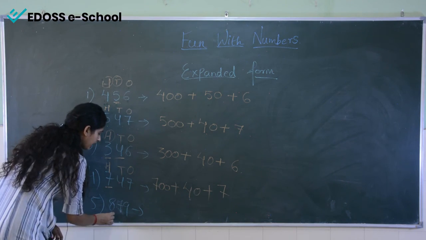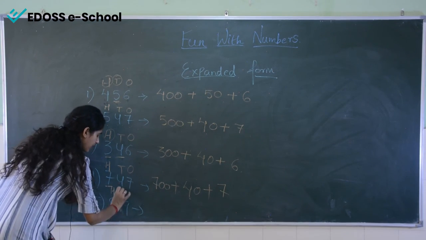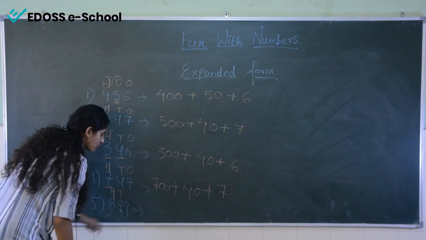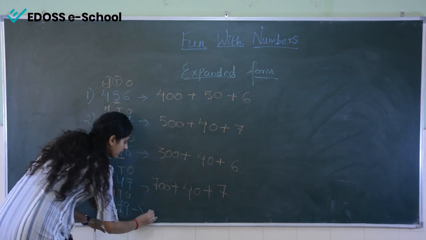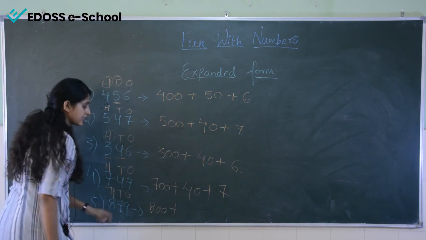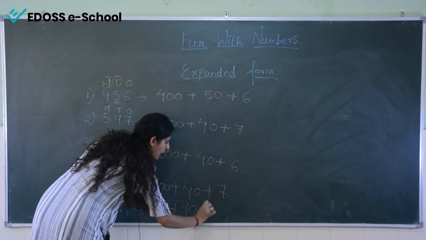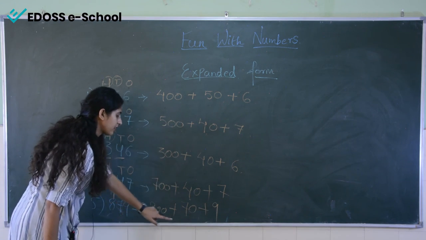The next 879. Place value of 8 is 100. Place value of 7 is tens. Place value of 9 is ones. So how will we write? 800 plus 7 tens, that is 70, plus ones, that is 9. So 800 plus 70 plus 9.